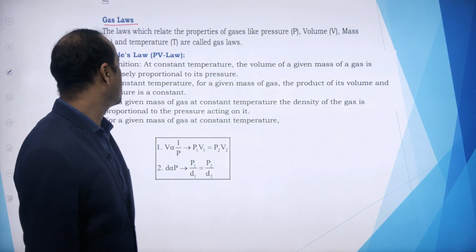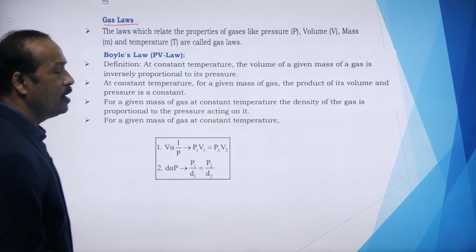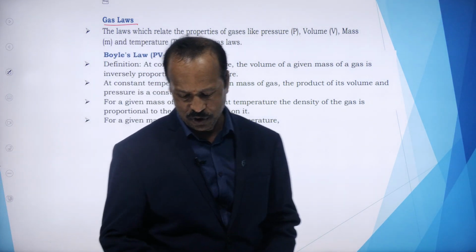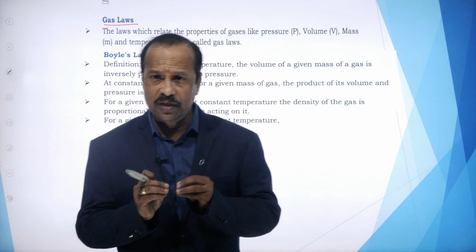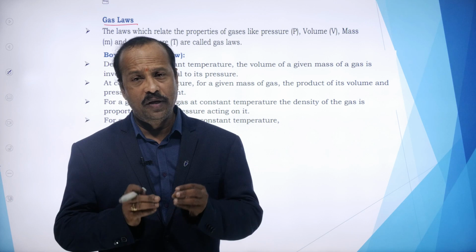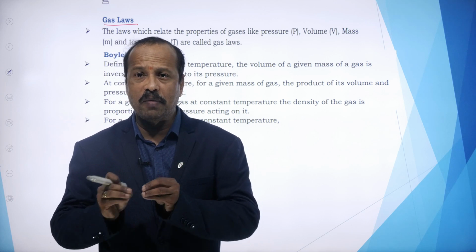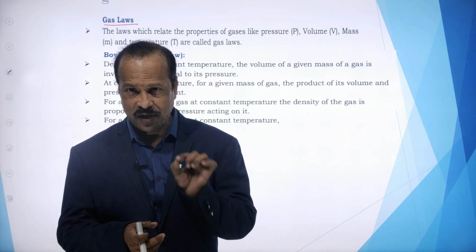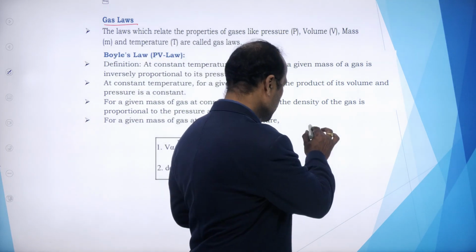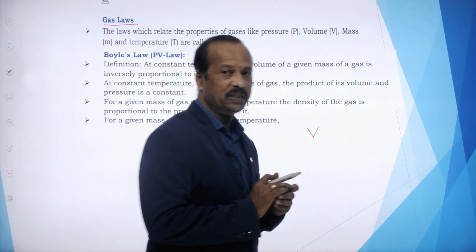So, first let us see Boyle's law. Okay, Boyle's law, what it states is, students, a very simple law. The volume of a given mass of a gas, in short V, I'll write, V stands for volume.